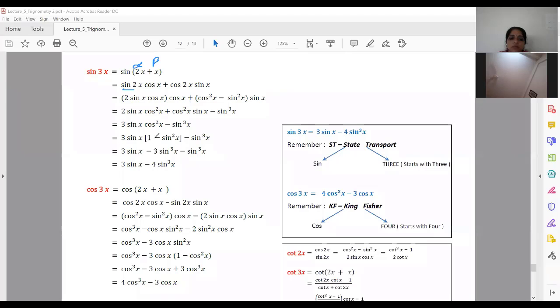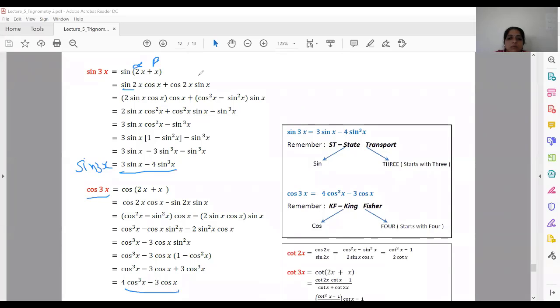By simplifying, 3 sin x minus 3 sin cube x minus sin cube x. So finally I have the formula 3 sin x minus 4 sin cube x. This is the formula of sin 3x in the form of sine, and the same way cos 3x in the form of cos, which is the most important formula. So remember.